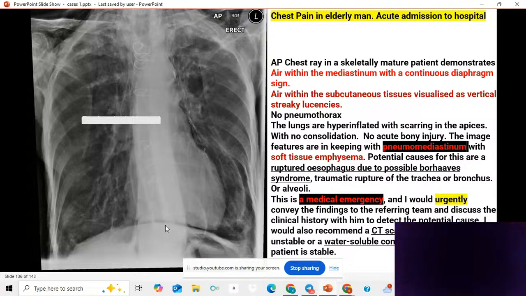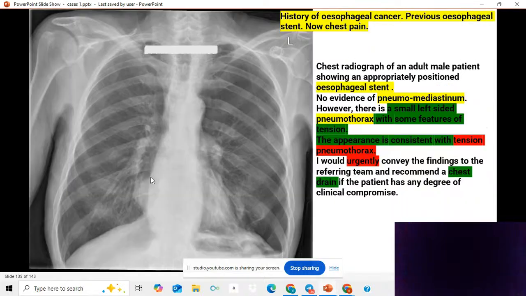In this case, this patient has esophageal stent placement, as you can see here. This patient also has esophageal stent placement.